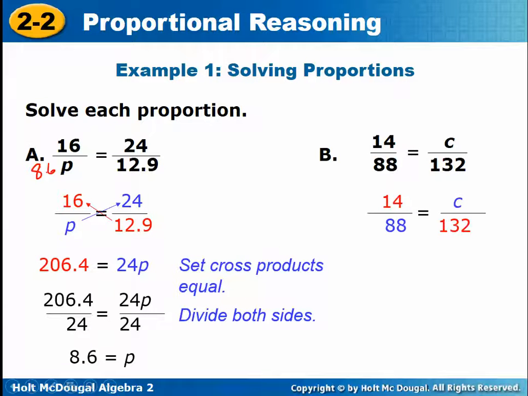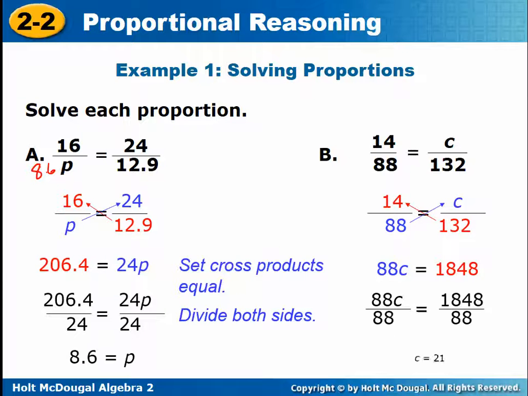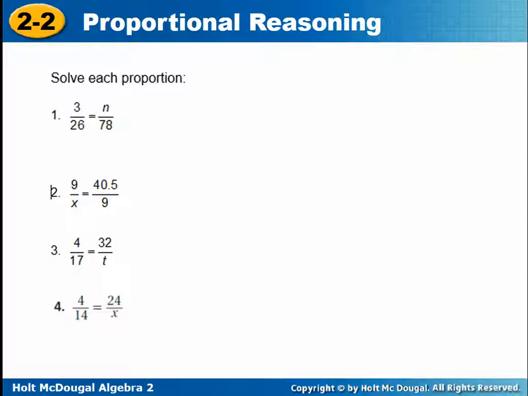To solve for C, 14 times 132 will be equal to 88 times C. So cross products are equal, or you could say the product of the means is equal to the product of the extremes. And then we will divide and we'll find what C is equal to. On your worksheet, you'll have several of these problems to do. These are the ones from your worksheet.